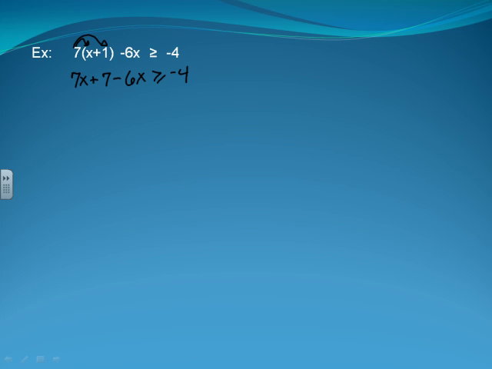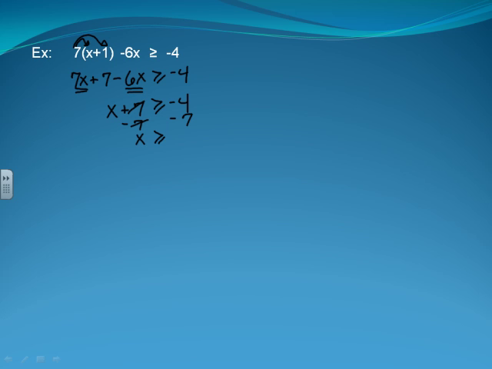The sign does not change because I did not multiply or divide both sides by a negative value. Okay, sticking with my left-hand side, we've got some like terms on the same side of the inequality I can combine. So 7x minus 6x leaves us with 1x, or just x, and then I still have that plus 7 there, is greater than or equal to negative 4. Now, to isolate x, I want to subtract 7 from both sides. Subtraction never changes the sign, so the sign remains the same.